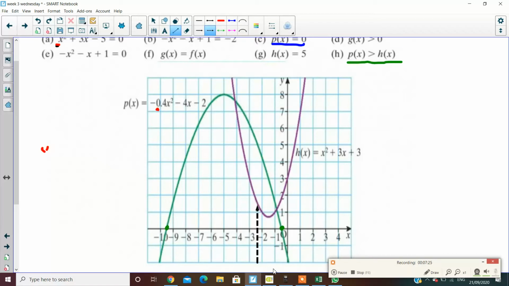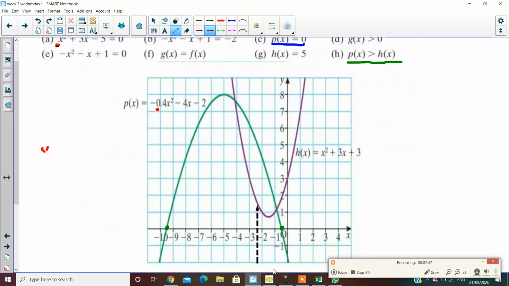Purple or green? Purple. Now, I hit purple first, didn't I? What does that mean? That the purple function is smaller than the green function at a value of minus 2.5.